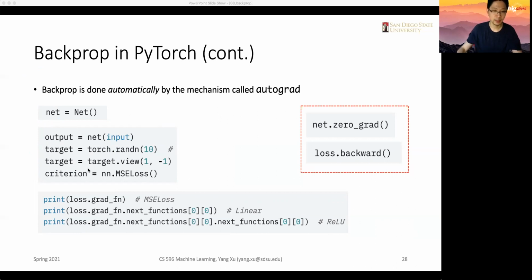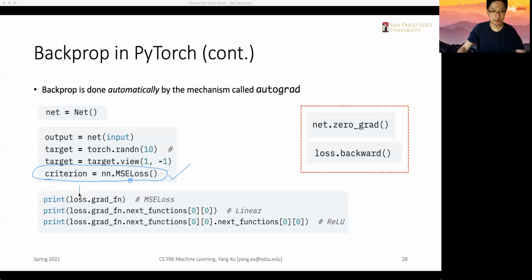But this time a little bit different, more advanced, in that we use an already predefined function, which is called mean square error loss, right? That's something we are quite familiar with when we do linear regression, right? So we just use the predefined function to compute the loss.